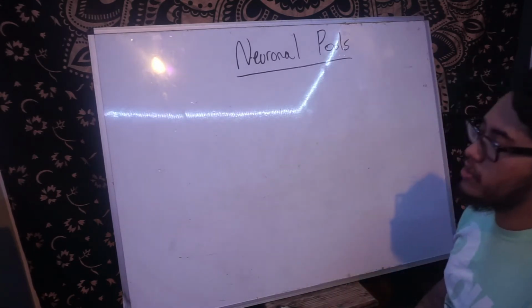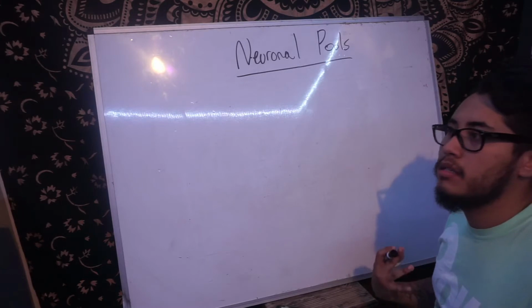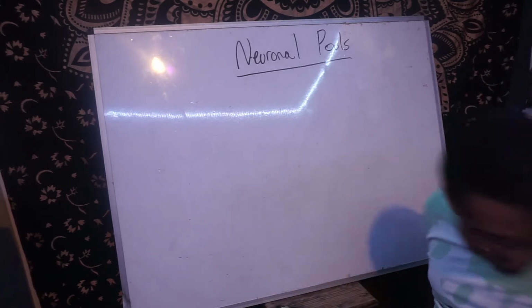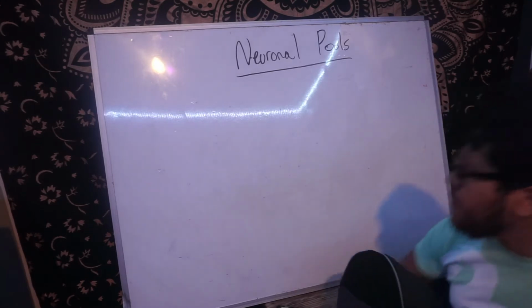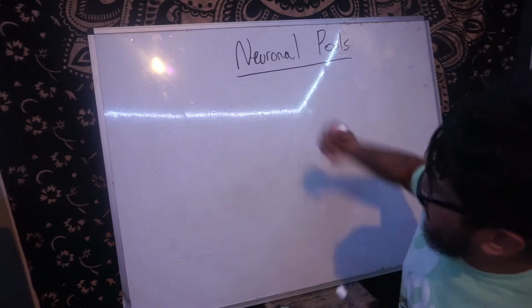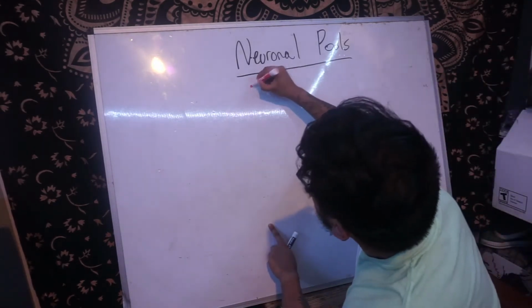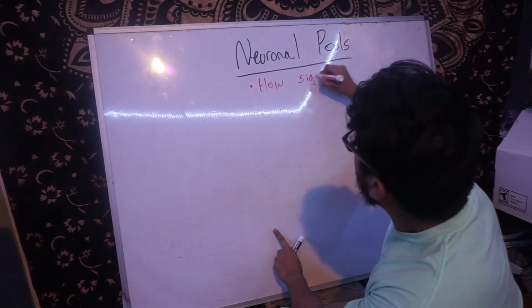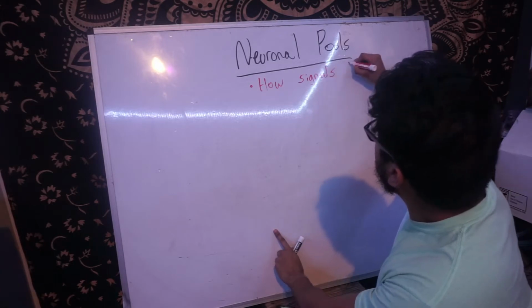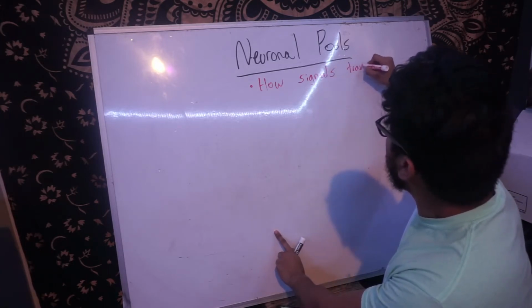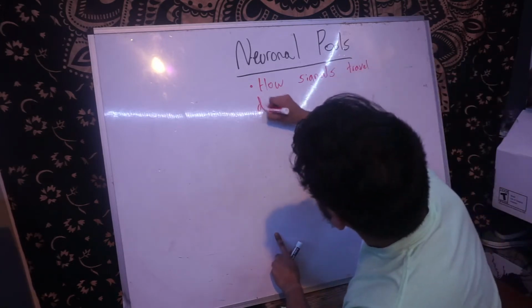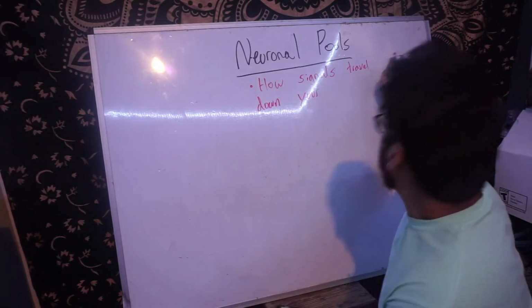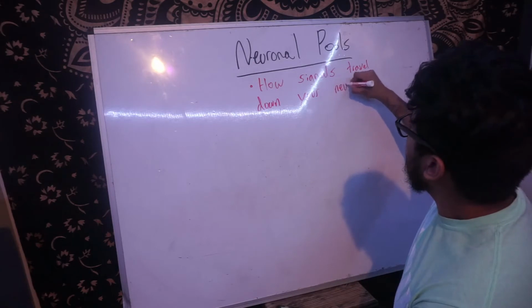So neuronal pools are basically how signals travel down your neurons, right?